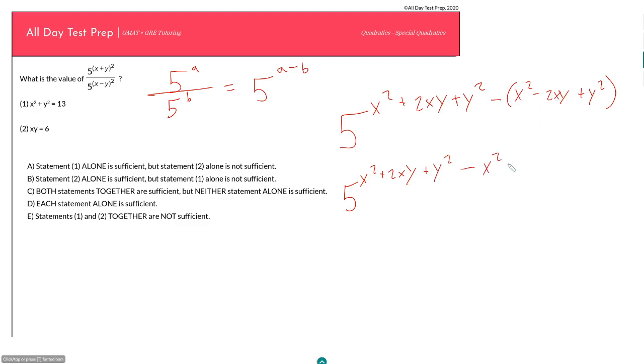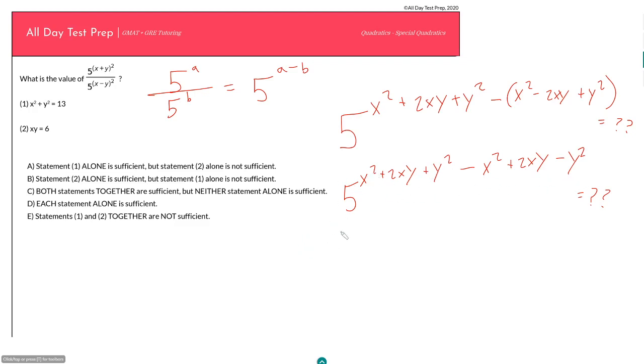Because we have a negative times a negative. So plus 2xy, then minus y squared. We have to remember also, this is our question, right? And so I always like to put little question marks so I remember. I'm rephrasing my question here. This isn't information that I was given.